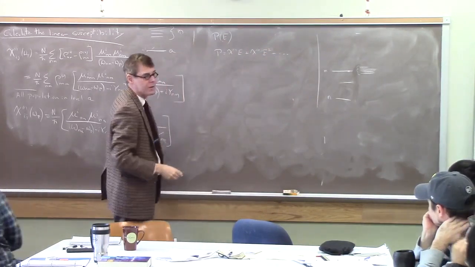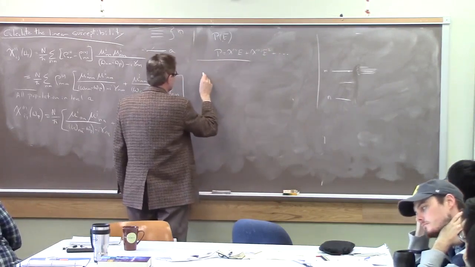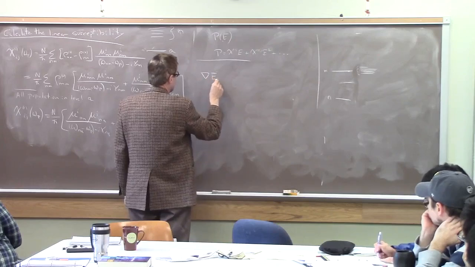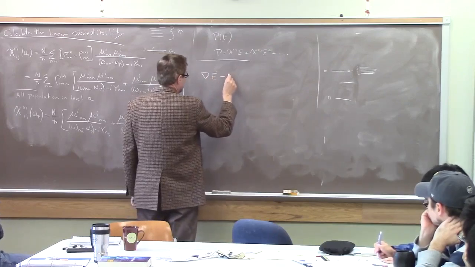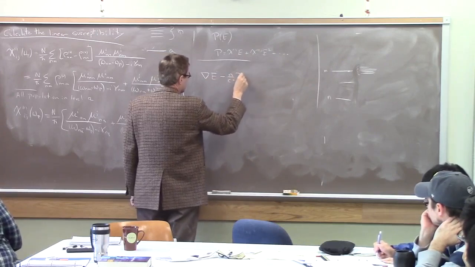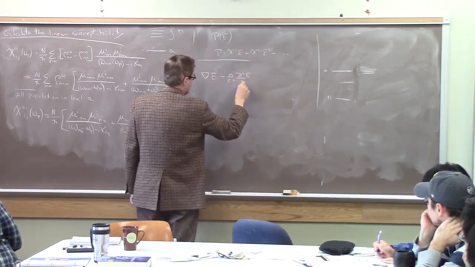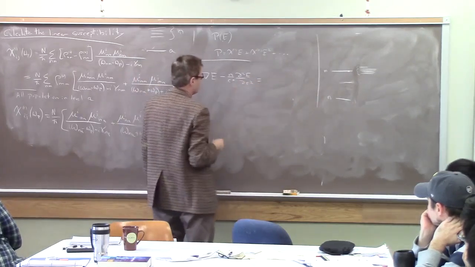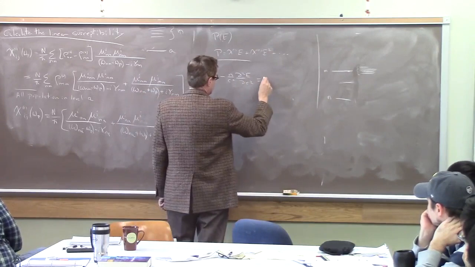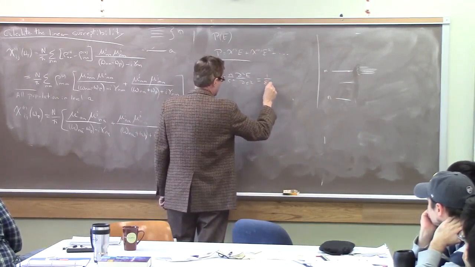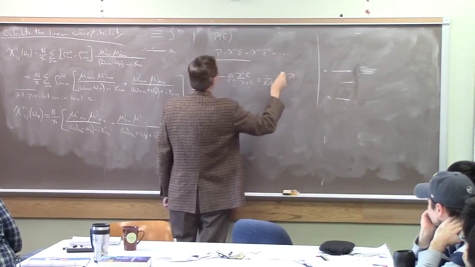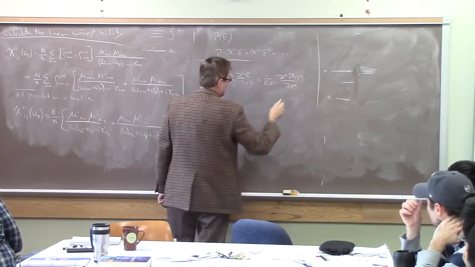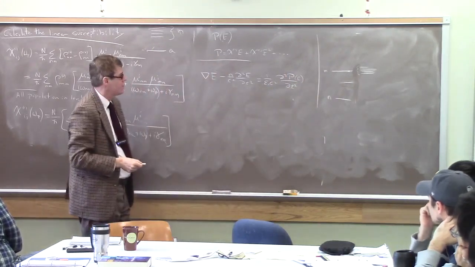I'll just show it symbolically that P is a function of E, and the wave equation is that the Laplacian of E minus n squared over c squared partial squared E with respect to t squared equals, if I've dropped a minus sign, we'll worry about that later, 1 over epsilon 0 c squared partial squared P of E with respect to t squared.